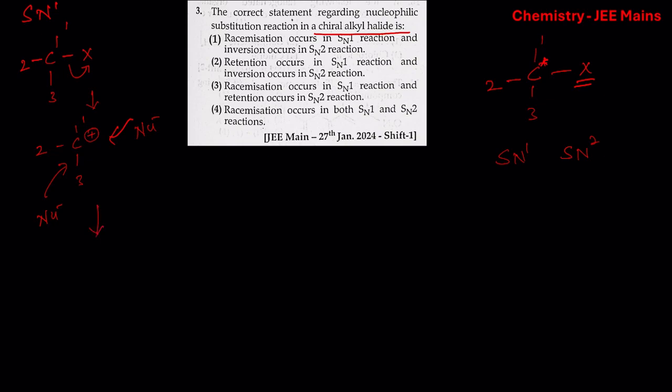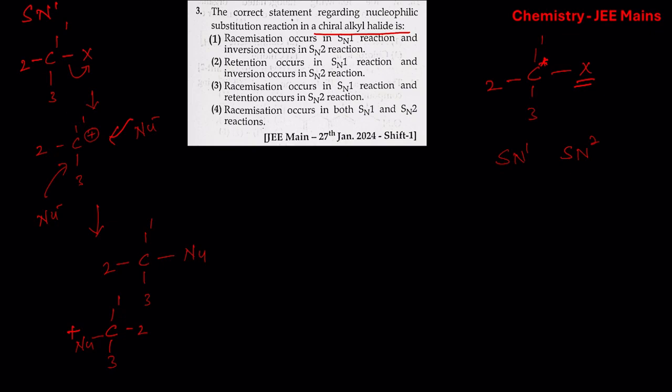One in which the carbon atom retains the same configuration as the original reactant, that is, carbon bonded to these different groups, and this is the nucleophile which attacked from the same side. So here the configuration is the same. Another product that is formed is one in which the carbon atom has the groups on the opposite side and the nucleophile has attacked from the opposite side.